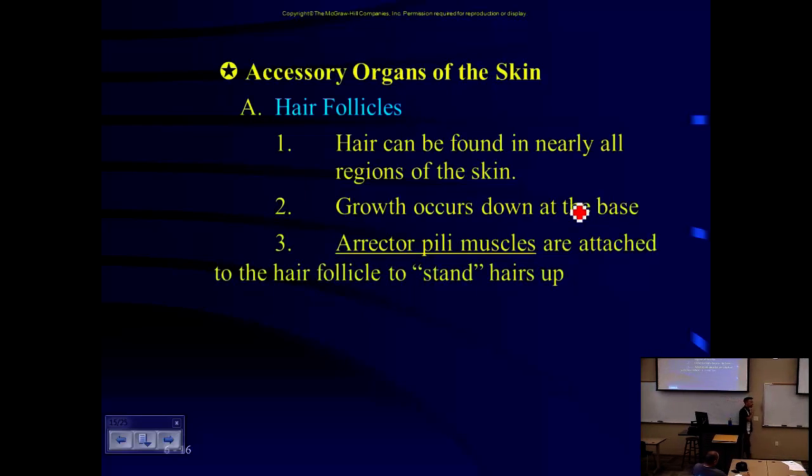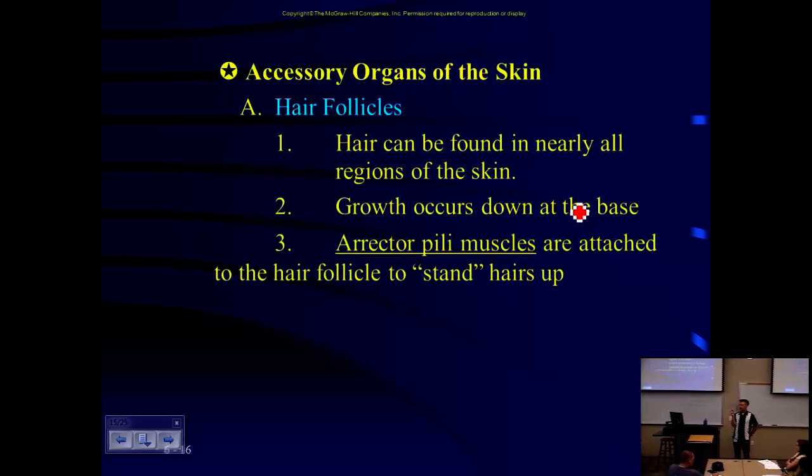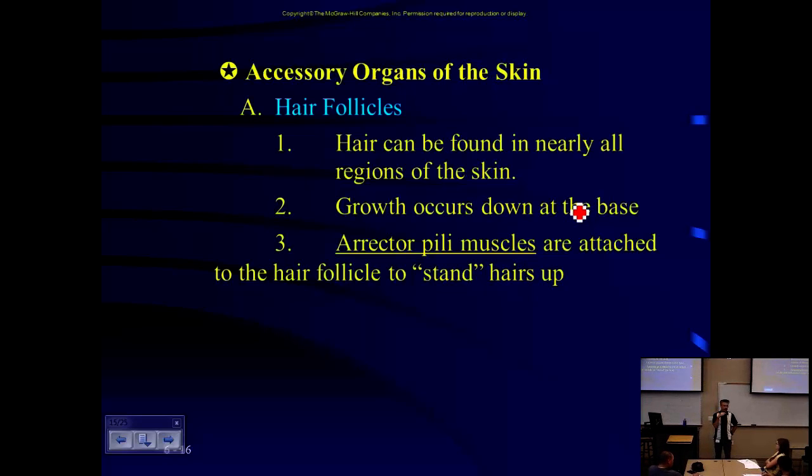And growth for these hairs, regardless of where they are, occurs down in the follicle. Now, on one level, you might wonder, okay, so if we're talking about different types of hair, what's the difference between hairs like eyebrow hair that only seems to grow so long and hair on top of your head? Well, the follicle that creates the hair goes through active and then kind of inactive cycles.